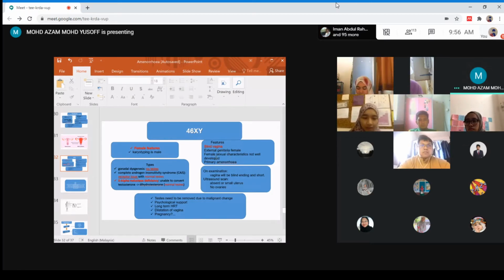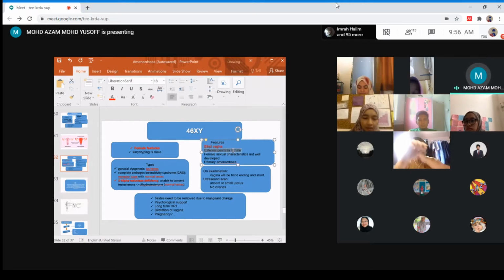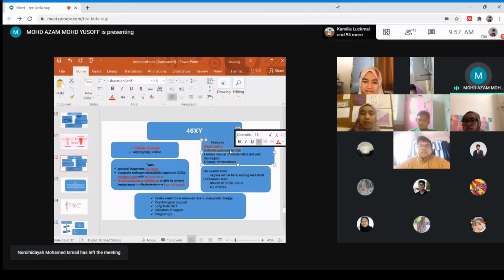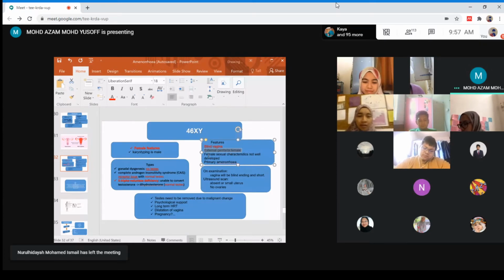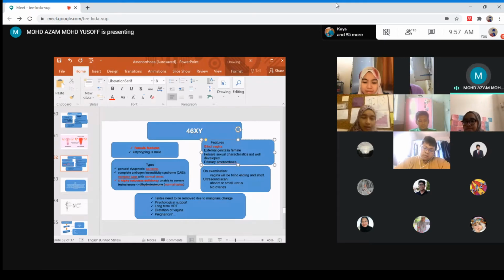The external genitalia are female, kan? They have labia minora and labia majora. They have breasts, but the breasts are not well developed because there's no estrogen. Estrogen needs to be there to make them well developed. Secondary sexual characteristics depend on estrogen. So the female sexual characteristics are not well developed.